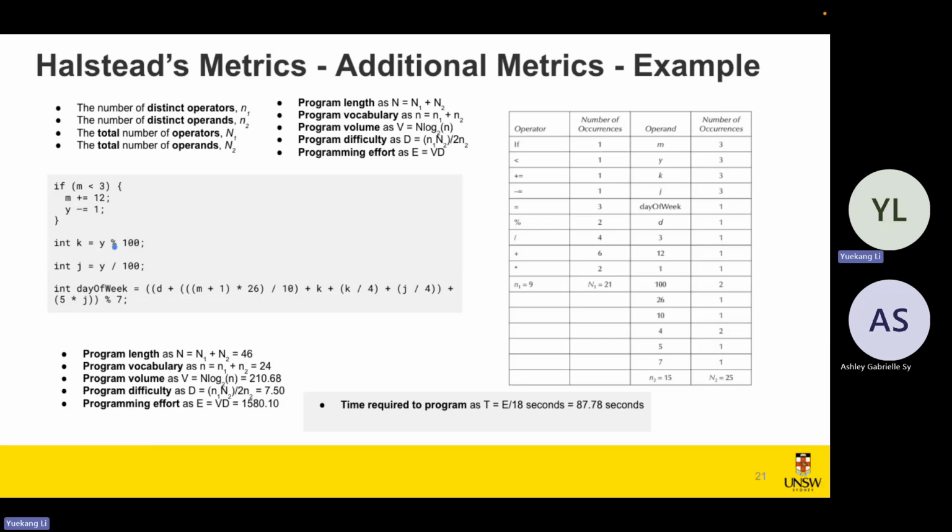You can imagine this piece of code is actually used for calculating the day of the week, given the month, year, and actual date. I think it will definitely take more than 87 seconds to code this, right? So I don't think this is the case here.